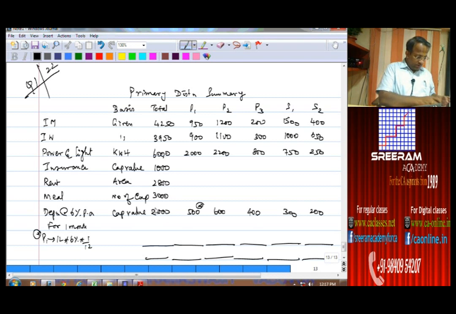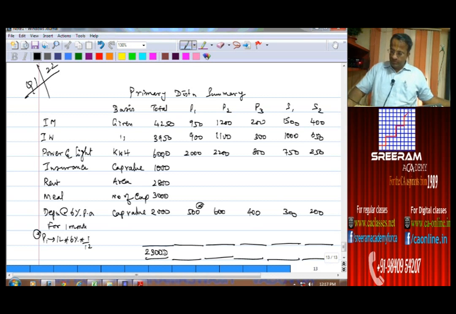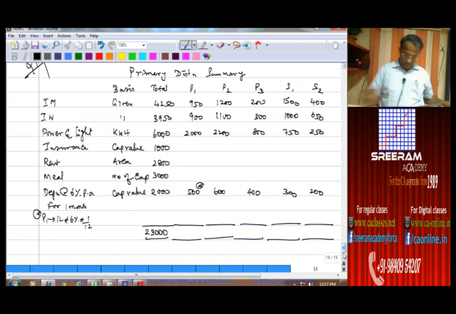Then 4250 plus 3950 plus 6000 plus 1000 plus 2800 plus 3000 plus 2000. Insurance. Capital value 1 lakh, 2 lakh 20, 3 lakh, 360, 400.